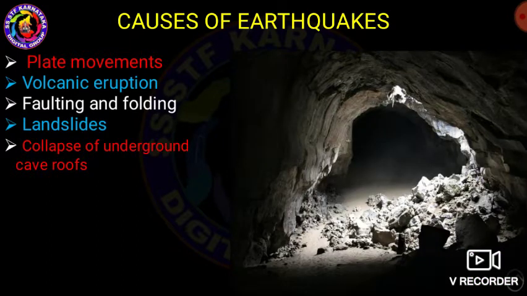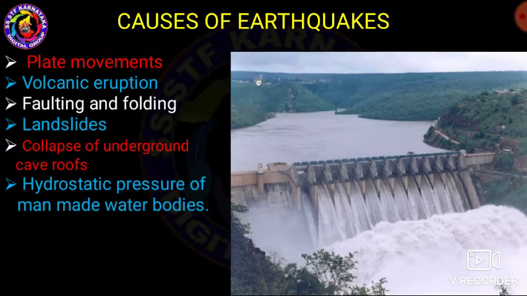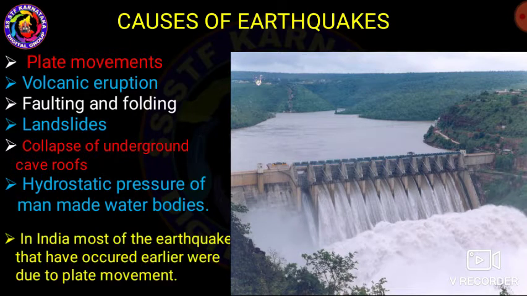collapse of underground cave roofs, hydrostatic pressure of man-made water bodies. These are the major causes of earthquakes: plate movement, volcanic activity, faulting and folding, landslides, collapse of underground cave roofs, hydrostatic pressure of man-made water bodies.